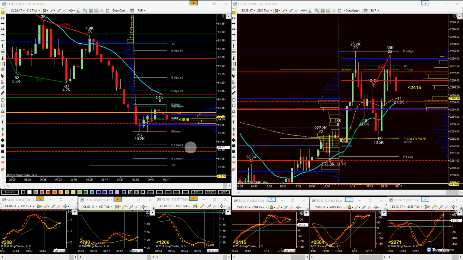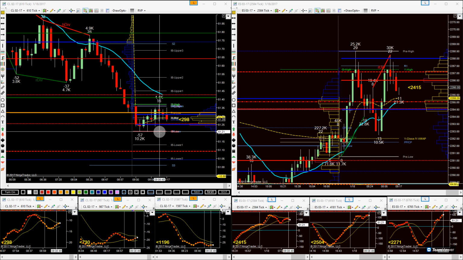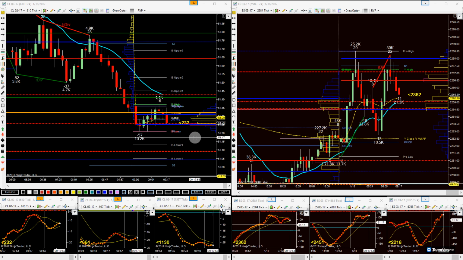But for me, right now we're getting nice divergence. Nice divergence on the 610. We have a little bit on the 987. We don't really have much on the 1597. So I'm not all that aggressive in trying to go long at this low here. The fact that this overnight low is holding the way it is, we keep trading above it, closing below it, this is reading more downside to me than upside.